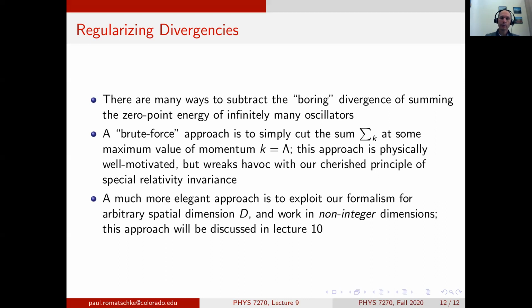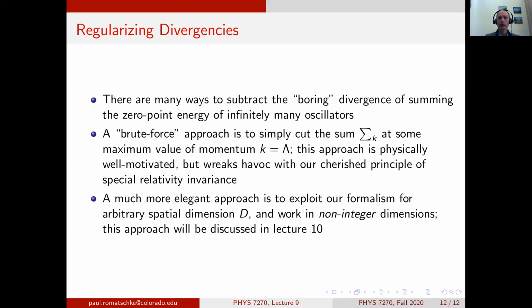A more elegant approach, if we are thinking about continuum quantum field theories, is to exploit what we already started doing, namely to work in arbitrary spatial dimension D and do something strange, namely to allow ourselves to work in non-integer dimensions. This approach is known as dimensional regularization, and I will discuss the details of it in the next lecture.